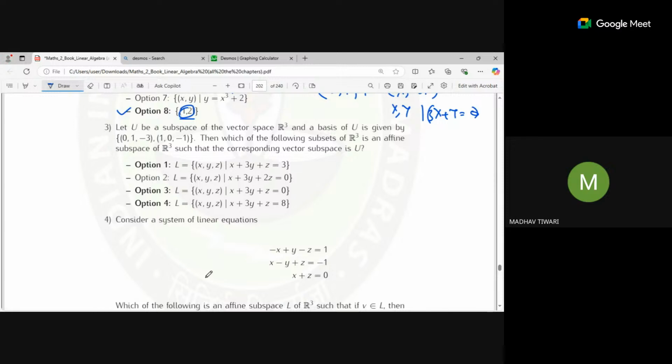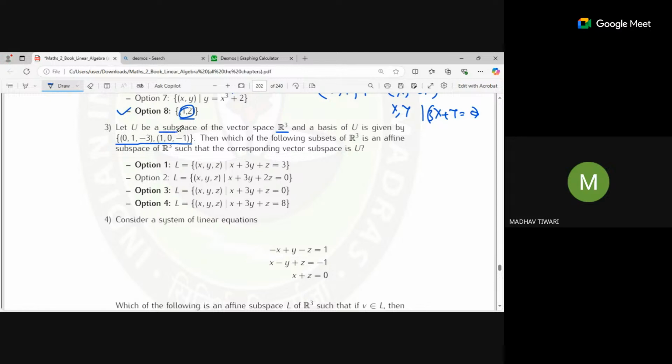Next part is this one, where you are given U, a subspace of R3, where the basis of U is given by this set, which has all the vectors inside the basis. It is asking which one will be the affine subspace of this subspace.